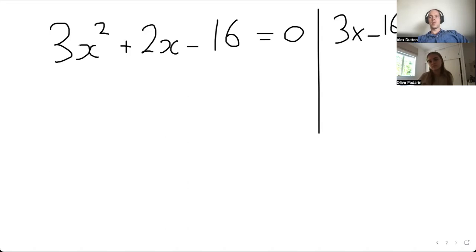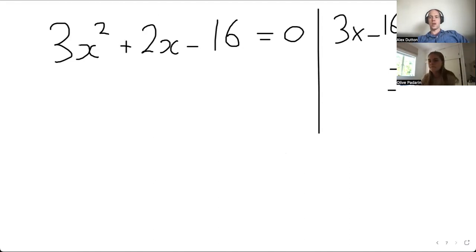And then what we need to do is find, just like before when we factorized it, 2 numbers that multiply to make negative 48, but add together to make 2. So let's try and think of the factors of negative 48. Negative 1 and 48.